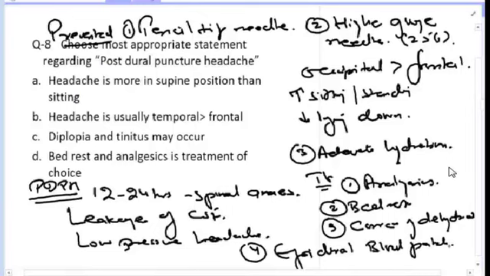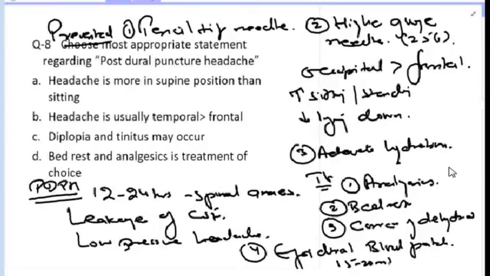So what you do is you take 15 to 20 ml of blood from the antecubital fossa and inject it into the epidural space at the same level. The blood will clot and form a seal over the dural puncture site. So this is the treatment of choice for post-dural puncture headache.